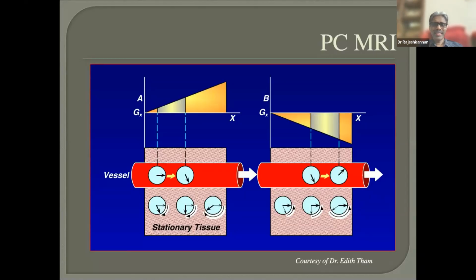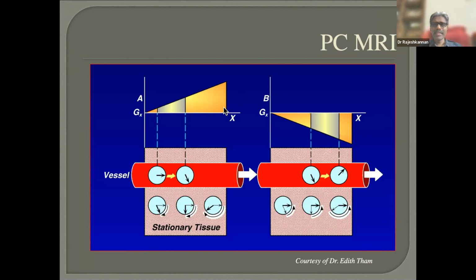To get phase contrast MR images, in addition to the routine RF pulses, we will be applying one bipolar gradient. We all know the basic principle of a gradient: when we change the gradient within the magnetic field, it either increases or reduces the local magnetic strength in small quantities.